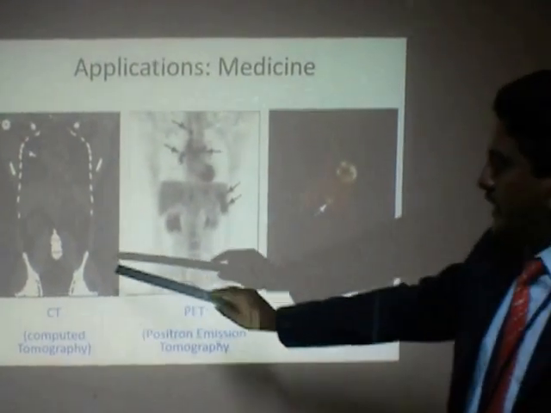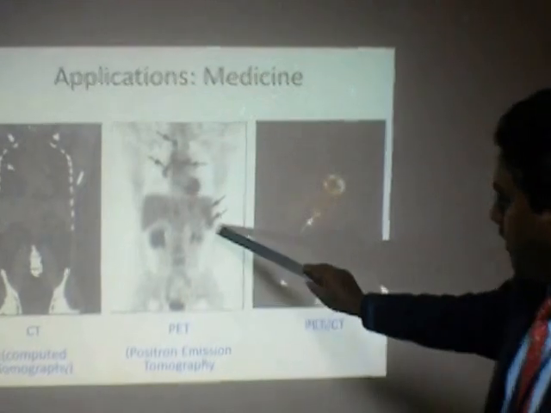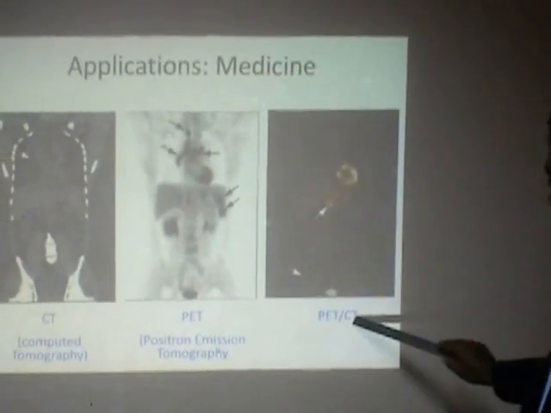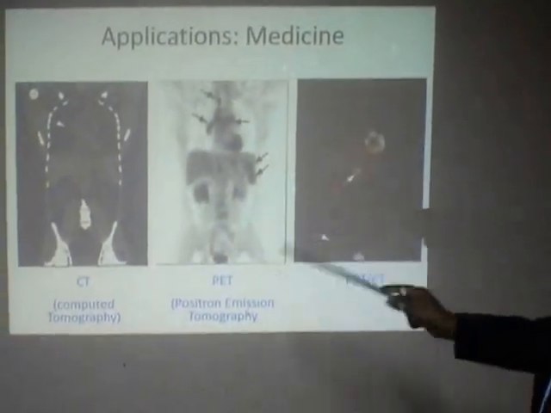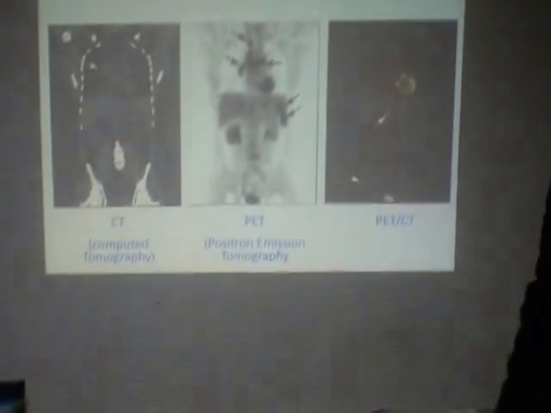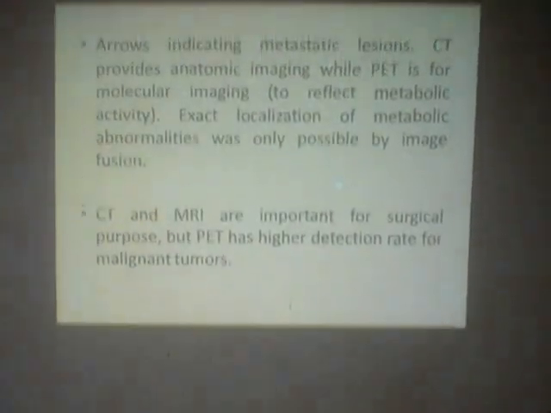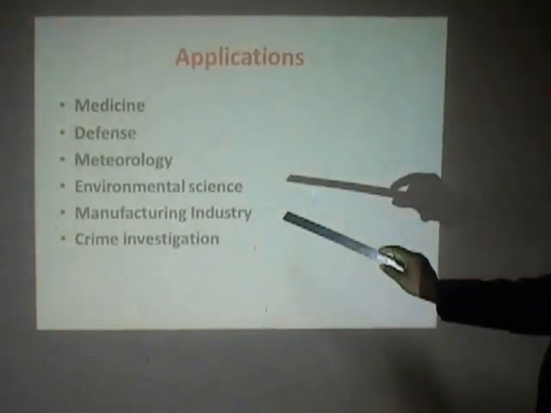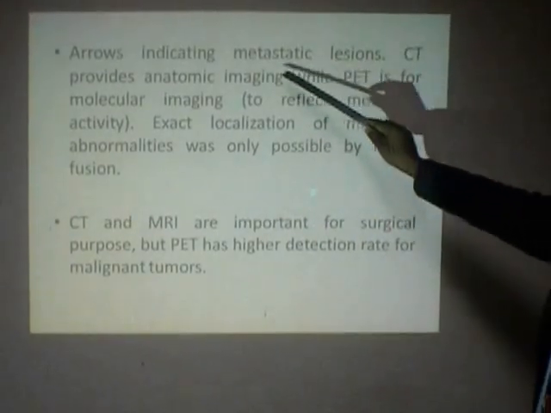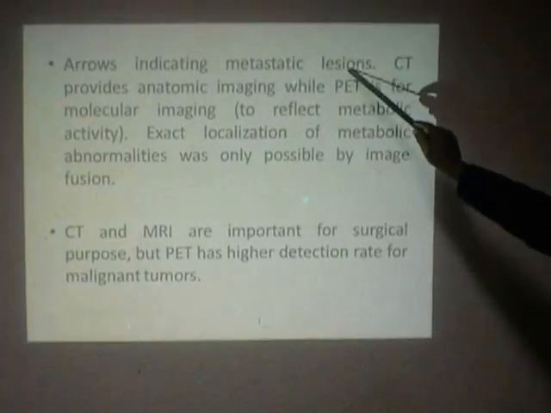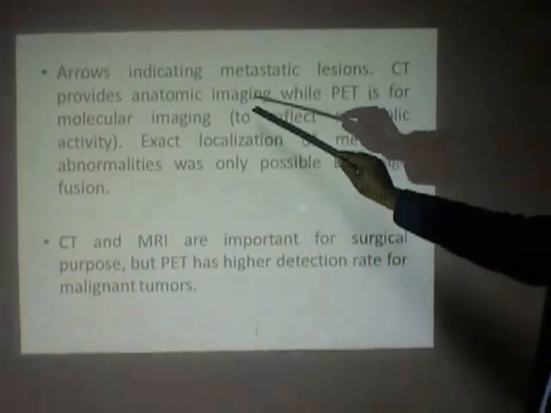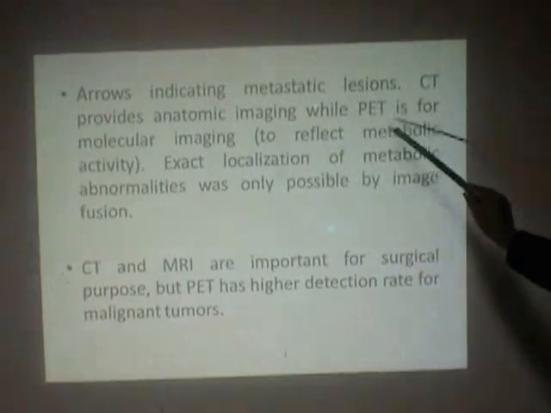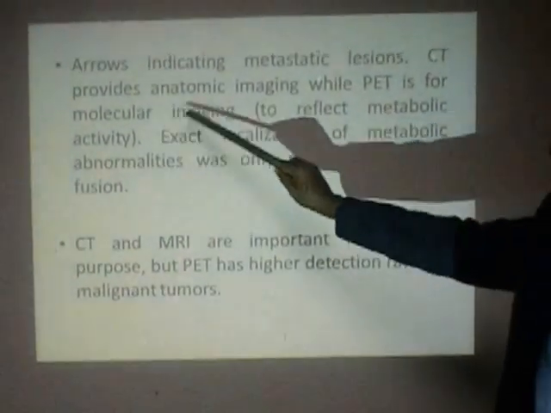Here the first image is a CT image, the second image is a PET image, the third image is a fusion of both CT and PET images, where the arrow mark indicates the metastatic lesions. CT provides anatomic imaging, while PET is for nuclear imaging.